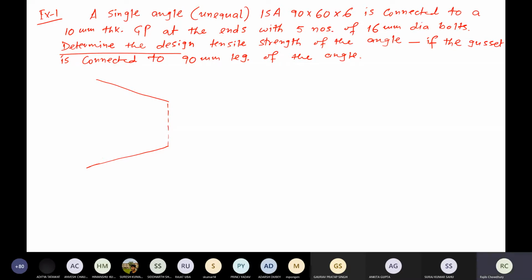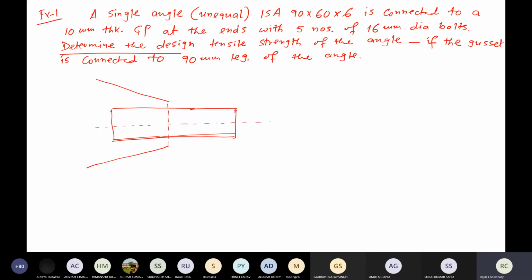Now on this gusset, the angle section is provided over here. So this is my central line.